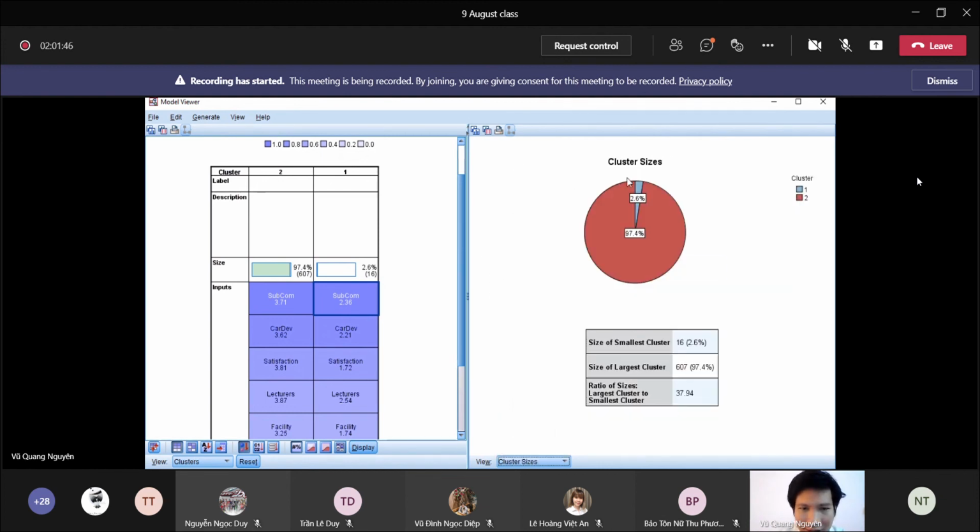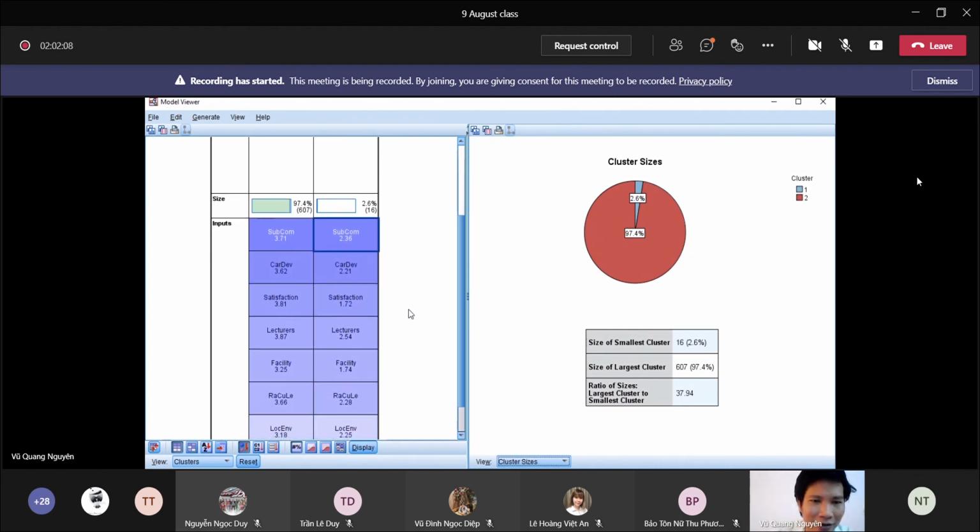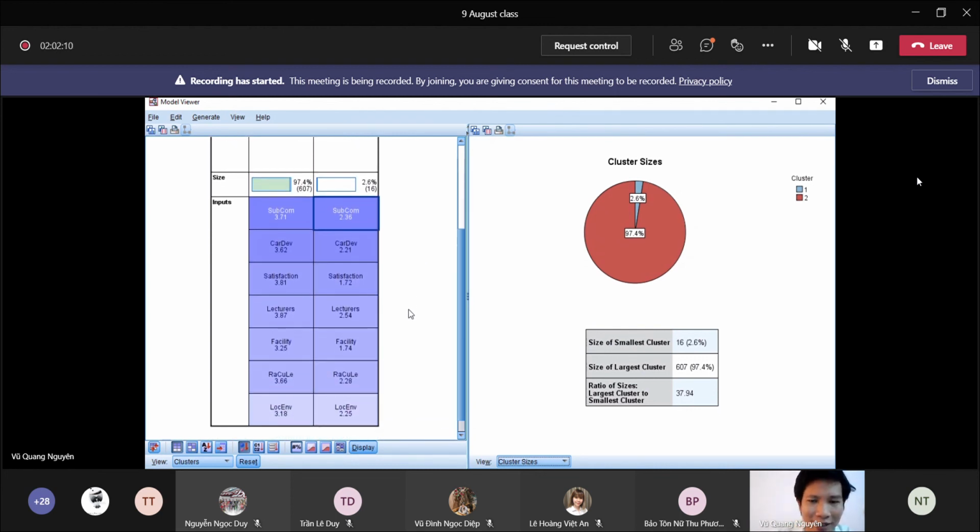Because you look at the cluster size, and you can see that cluster 1 and cluster 2 here are very much unbalanced. The size of cluster 1 here is only 16 of them, and cluster 2 is 607. Anyway, if you divide into 2 clusters, it's very much useless.